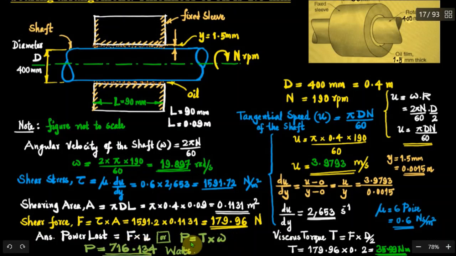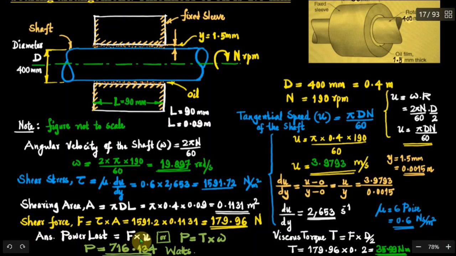Both methods will lead to the same answer. So power lost, when you multiply the viscous resistance F, that is 179.96, by the tangential velocity of the shaft, that is 3.9793, you will get 716.134 watts.